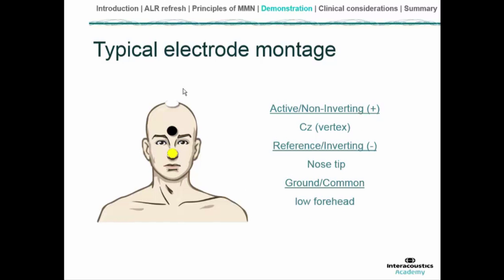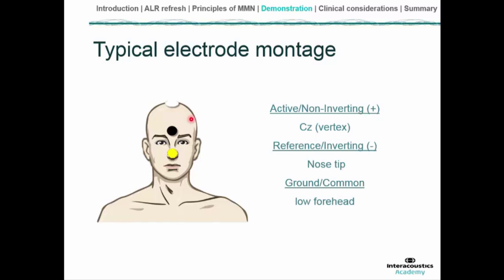In terms of the electrode montage, it's most commonly measured with the reference on the nose and then active on the vertex. Now we have different options for different positions of the active electrode over different places on the scalp. Usually the MMN inverts in polarity as you move away from the vertex position and then down towards the mastoid.